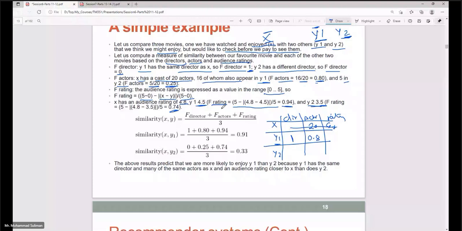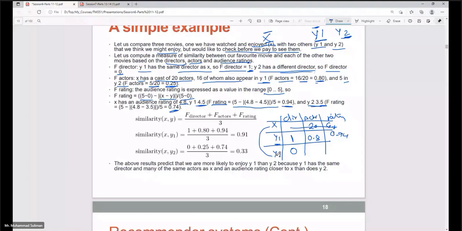For X and Y2, the directors are different, so it is 0 here. Y2 has only 5 actors in common with X, so it is 5 divided by 20, which is 0.25.